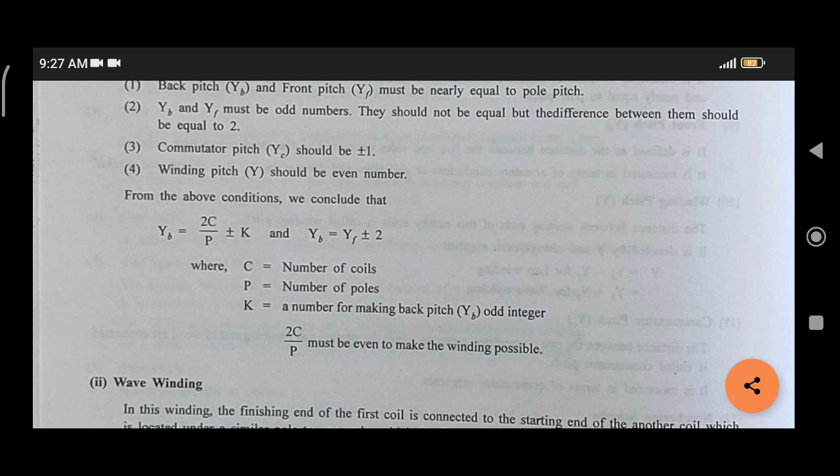So if 2C by P gives an even number, then we have to add or subtract K. If 2C by P is an odd number, then we don't have to add or subtract K. Another formula is YB is equal to YF plus or minus 2. This comes from the second condition, that the difference between YB and YF should be 2; they are not equal.